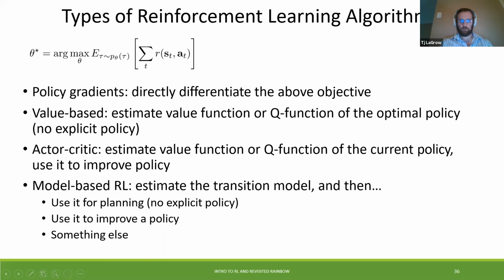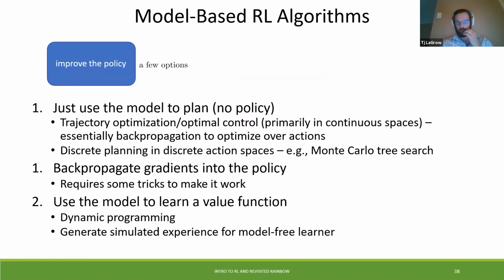Great. We've gone through these types of model fitting, or model-based reinforcement learning algorithms we can do. One is to potentially have no policy and optimize the control, primarily in continuous spaces, like we said, doing backpropagation to optimize over the actions, or even in the discrete case doing Monte Carlo tree search. There is also backpropagating gradients into the policy, which does take some tricks to make it work.